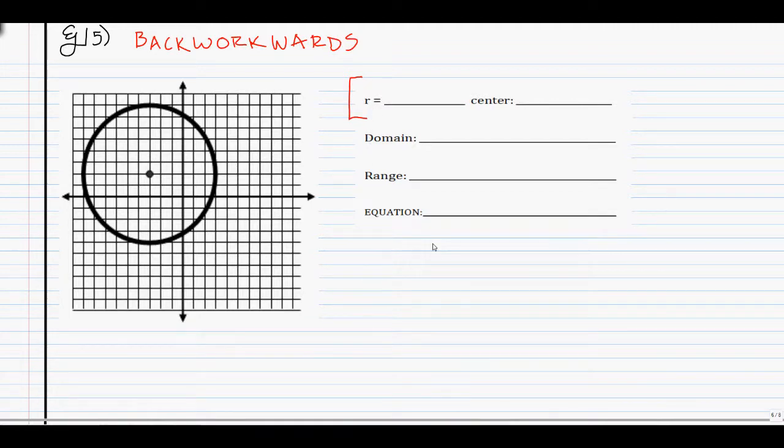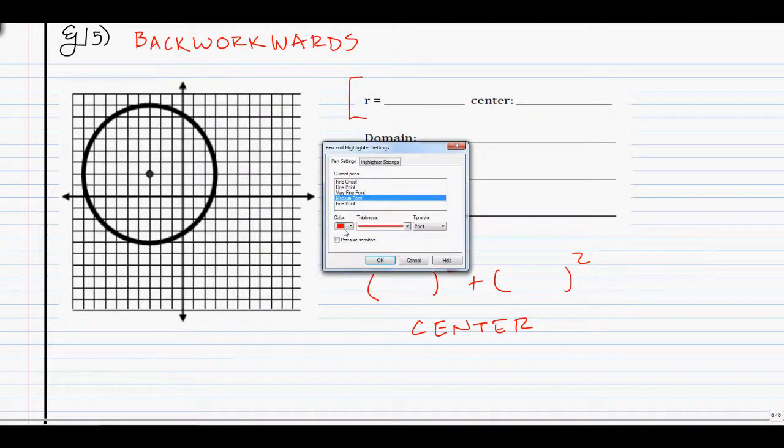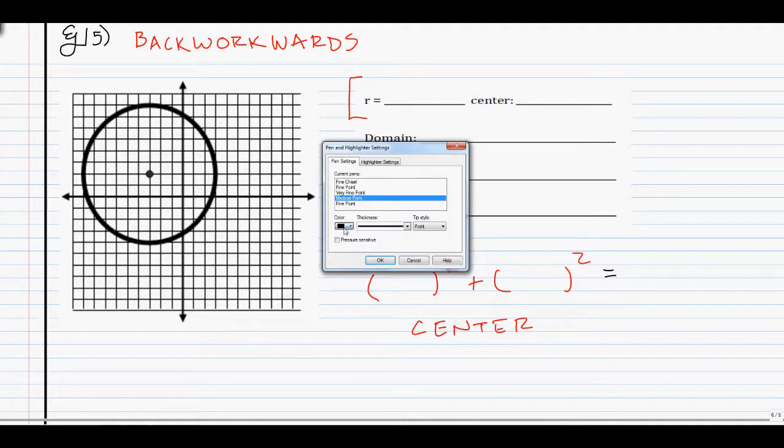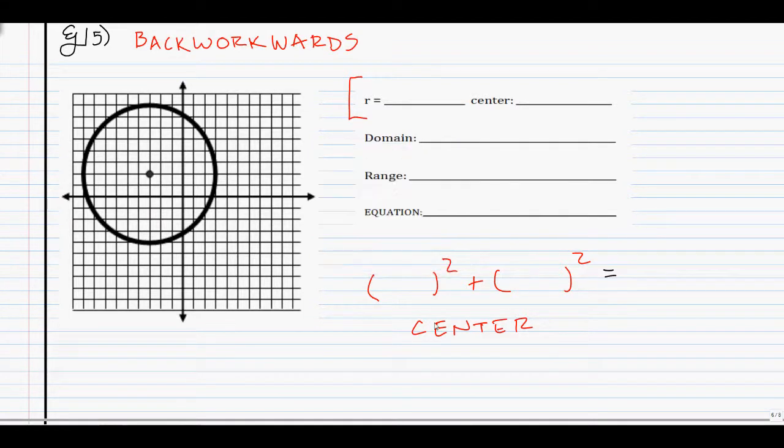The center will give us the left side, so we need the center so that we can fill in this part. On the other side, we're going to need this from the radius. So basically it's just one piece for each one. Let's start with the radius, since that's just one little piece.